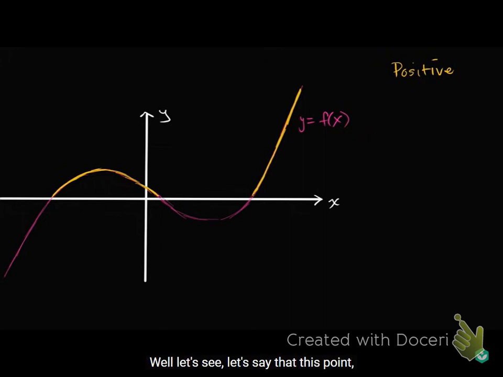We wanted to write those intervals mathematically. Let's say that this point right over here is x equals a. Let's say that this right over here is x equals b, and this right over here is x equals c. Then it's positive as long as x is between a and b. At x equals a or at x equals b, the value of our function is 0, but it's positive when x is between a and b, or if x is greater than c.